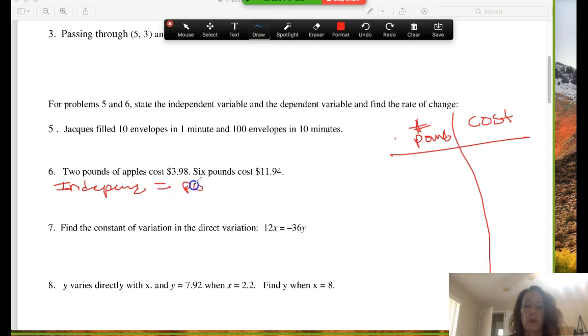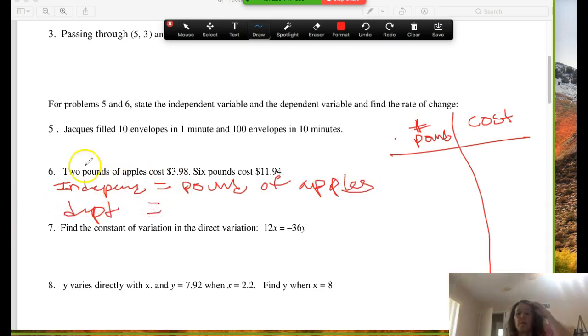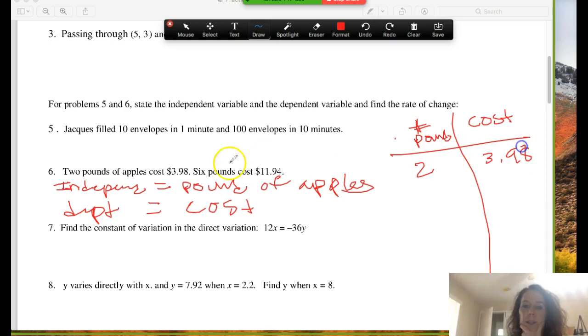And then my dependent, the cost depends on the number of pounds I buy. It's going to be the cost. So you can look here, the number of pounds, 2 pounds, and I get a cost of $3.98. 6 pounds, and I get a cost of $11.94.